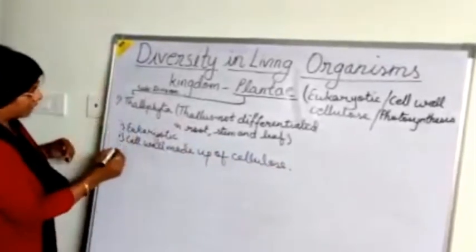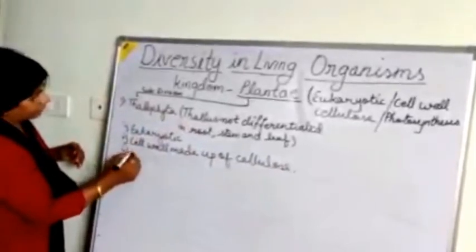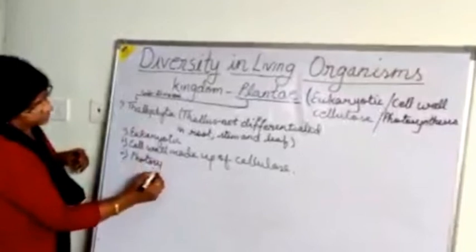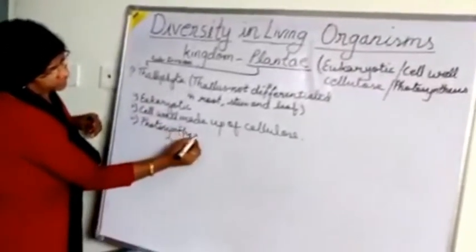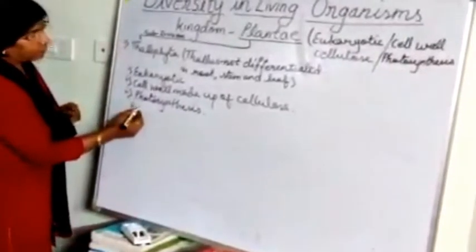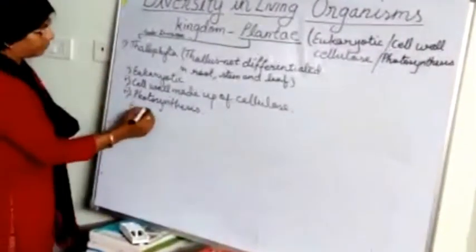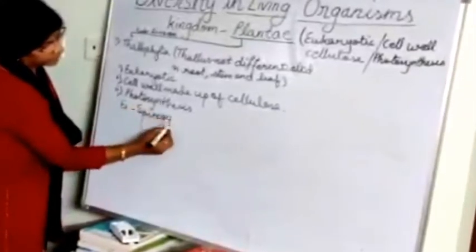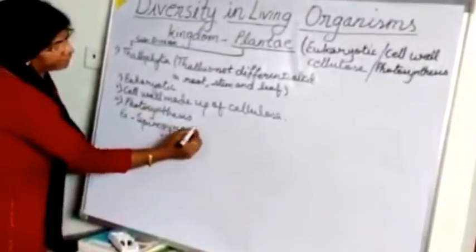Okay, and the third one is photosynthesis. Now if you are going to take examples of this one, the examples are Spirogyra and Chara.